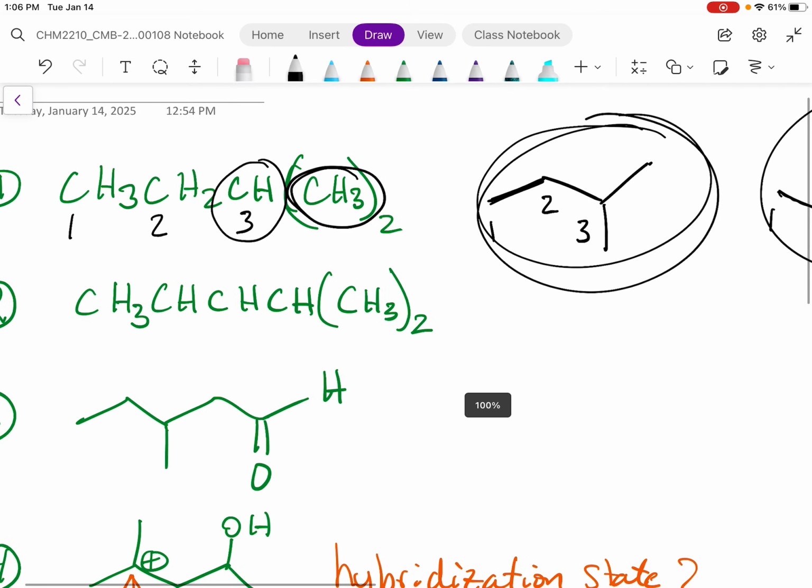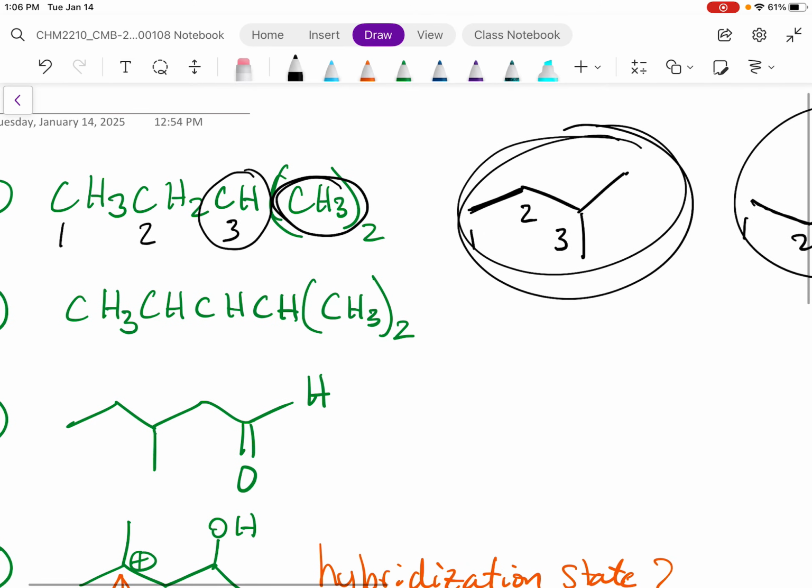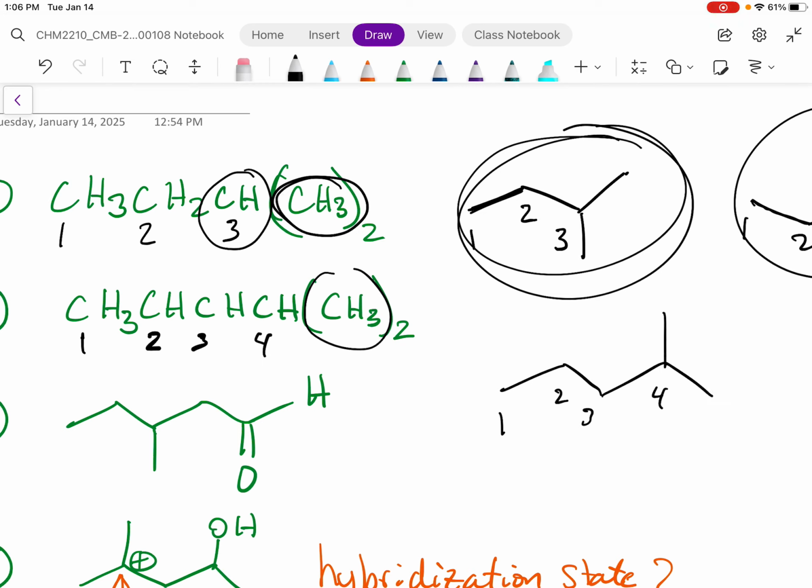Now, what if we start with molecule 2 there? I see that there's 1, 2, 3, 4 carbons. There's my 4 carbons. 1, 2, 3, 4. I see attached to carbon 4, I have 2 methyls again. So I'll go down and then up like that.